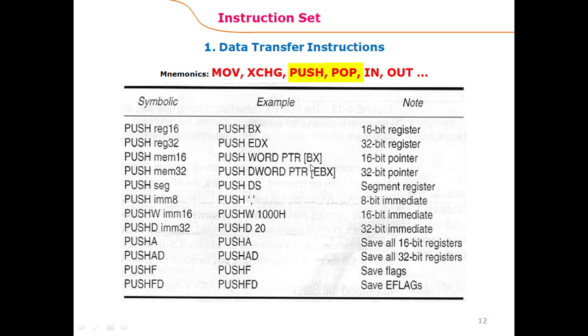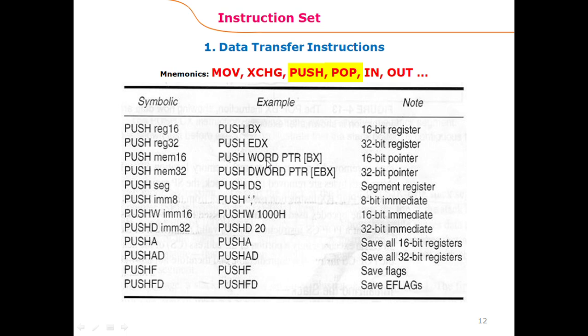So this BX register now holds the offset address of the memory location inside the data segment, and the 16-bit value from that memory location is pushed onto the top of stack. This WORD PTR, word pointer, is used to guide the microprocessor that only 16-bit data is to be taken from this memory location and pushed onto the top of stack.